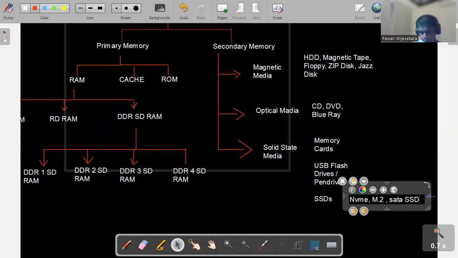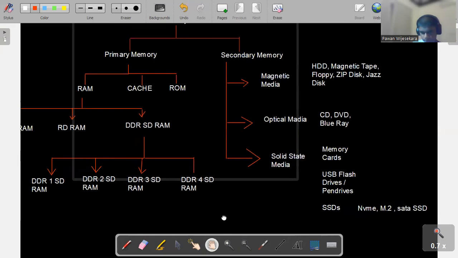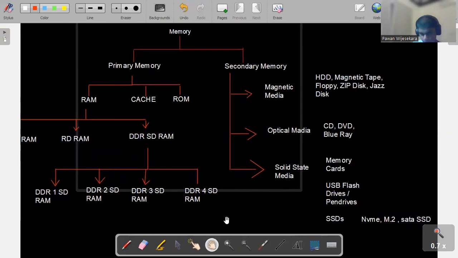What is the speciality of the solid state media? Can somebody tell me? Somebody please tell me what is the speciality of the solid state media?